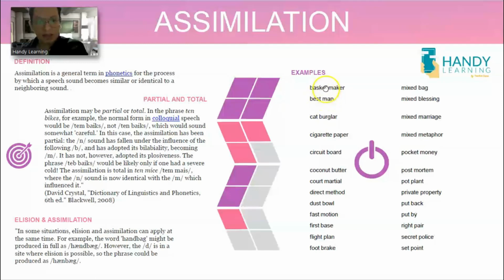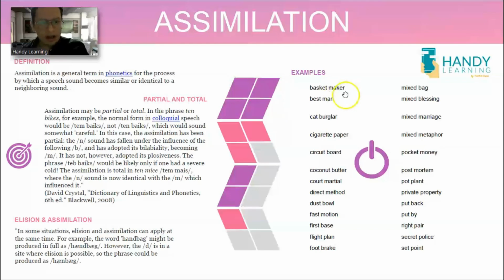Sometimes this t makes a change into a b, basket maker. It can also change into basket maker. So if you see, the two sounds together will create a new one.